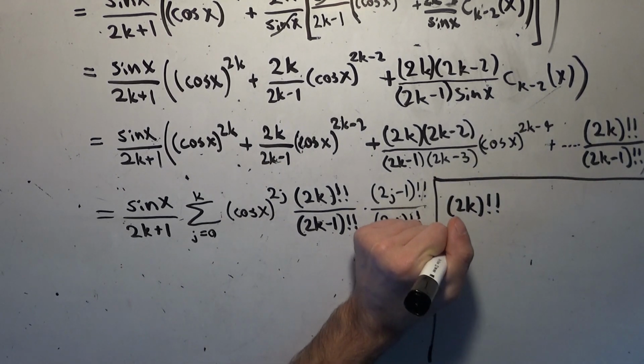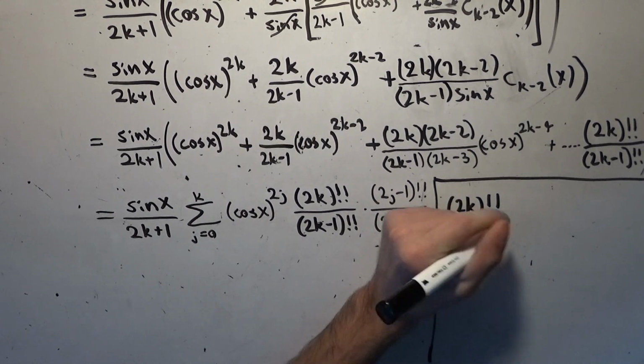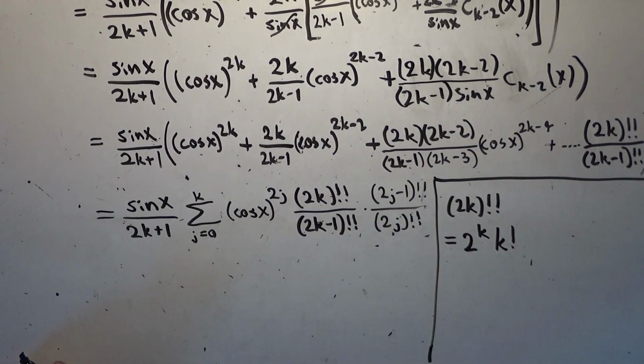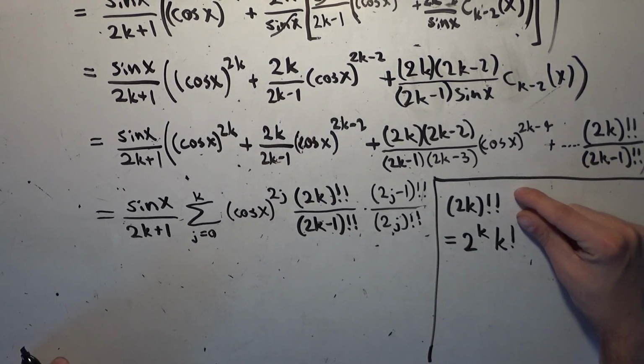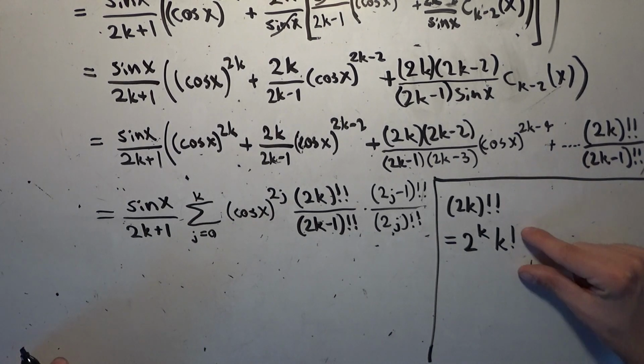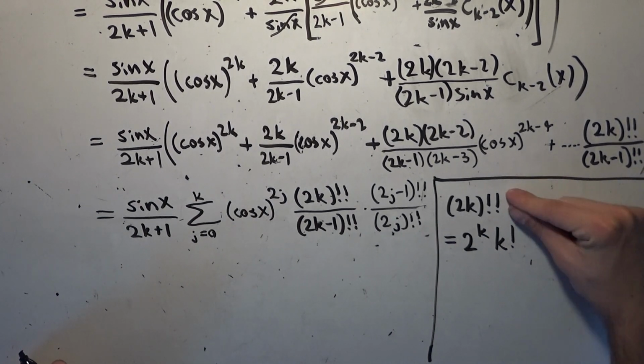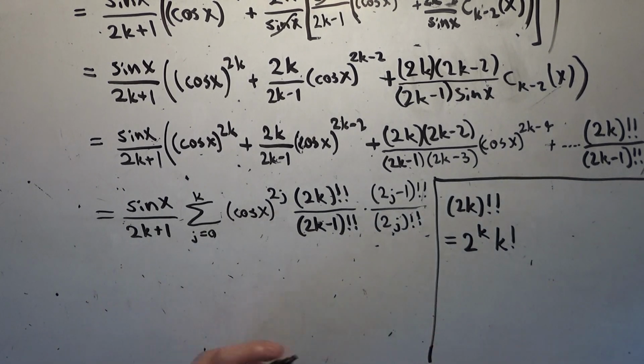So we can rewrite this as 2 to the power of k times k factorial. Because think about it, k factorial is the product of every number from 1 to k. If we then have k factors of 2, we can multiply each of those numbers by 2, and then we get 2k double factorial. Because this is all the numbers from 1 to k multiplied by 2 and then multiplied by each other. So this sort of accounts for all that.